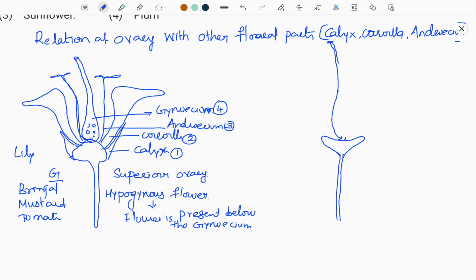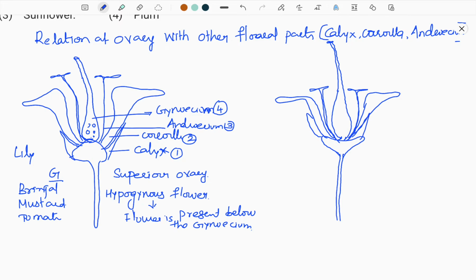This is the ovary, with style, stigma and all that, and this part is the stamens, this is the petals, and this is the calyx.